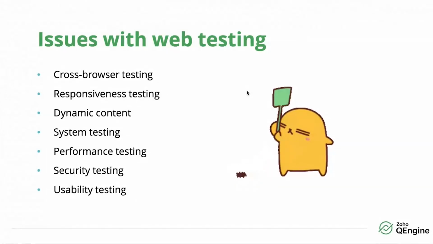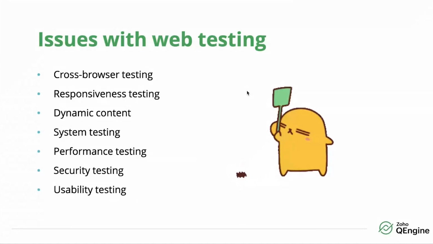It could be based on geographical factors, or it could be based on what they are doing inside the application and what their necessity is. So this dynamic content has to be adaptive to each of these users, and that you have to test accordingly for different users altogether. So that is one of the issues which they face with web testing.